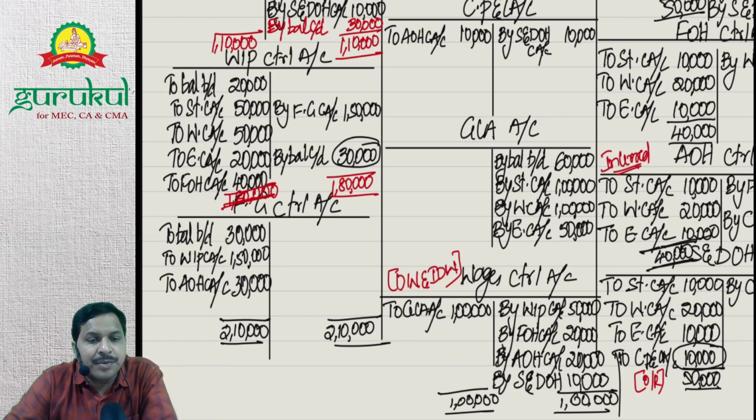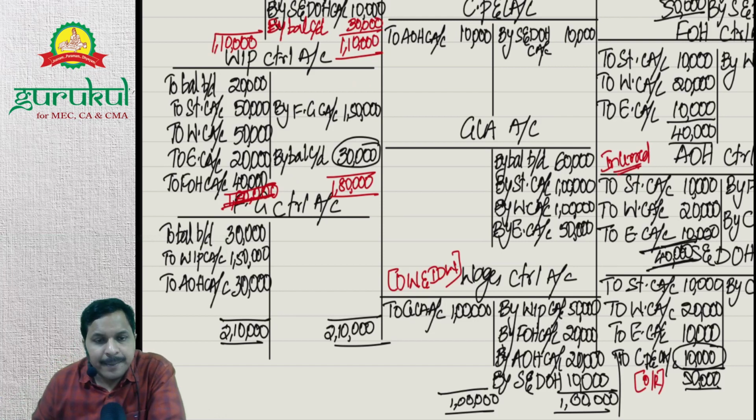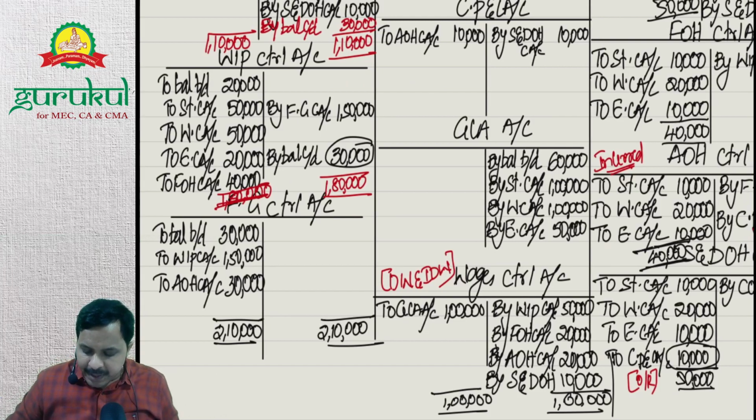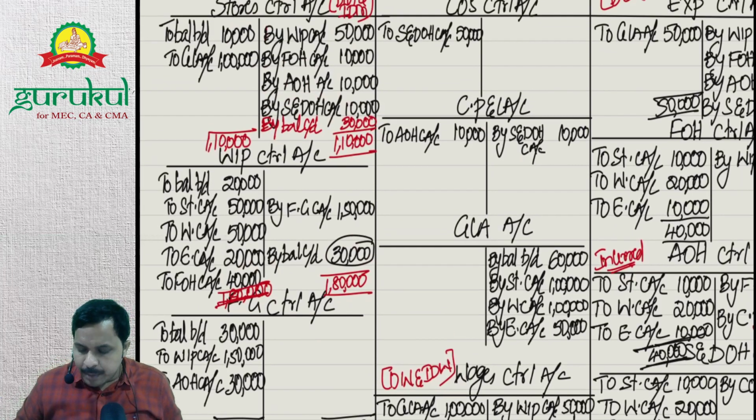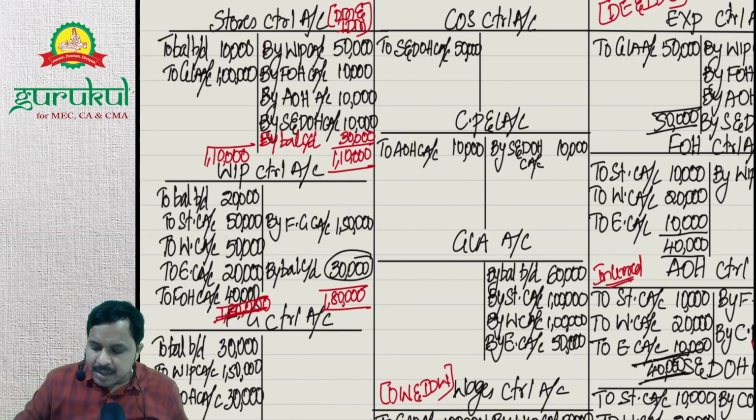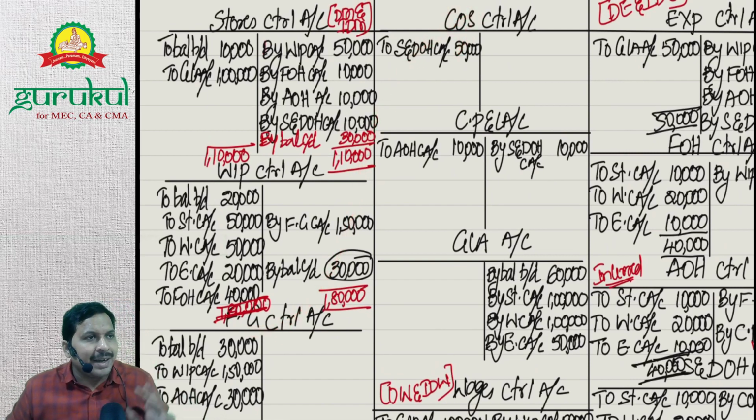Up to the finished goods account, we are at administration. We have one more cost to be added before making the sale, that is selling and distribution. So that should be added and then we make the sale. So finished goods sold at cost means from which account it will transfer to which account? From finished goods, it will transfer to cost of sales. Now tell me the finished goods sold at cost entry.